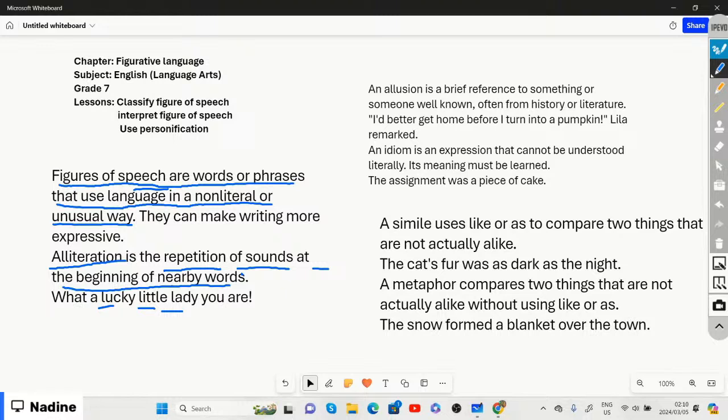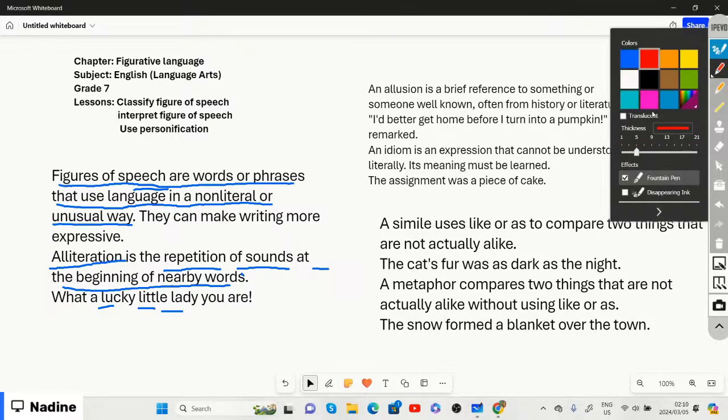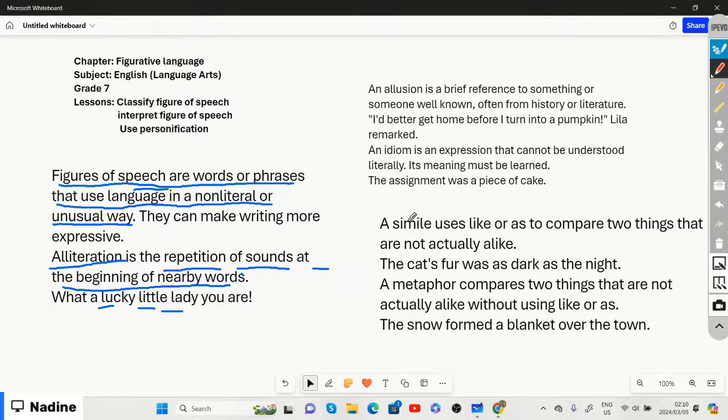All right. So we have figure of speech, right? Then we have alliteration. Then we have an allusion, right? An allusion is a brief reference to something or someone well known, and it is often from history or it can be literature.